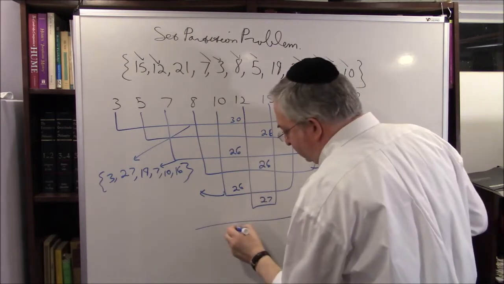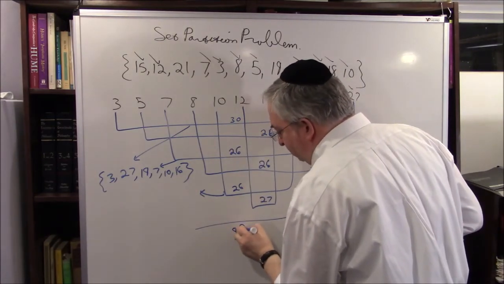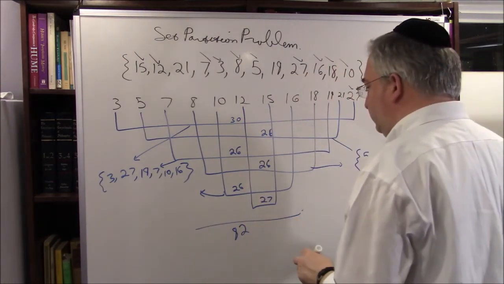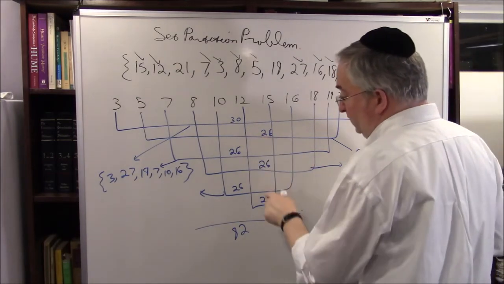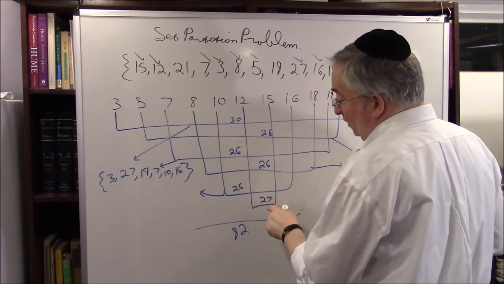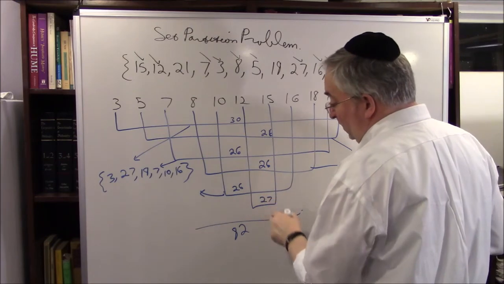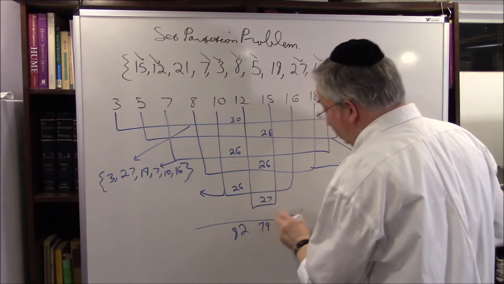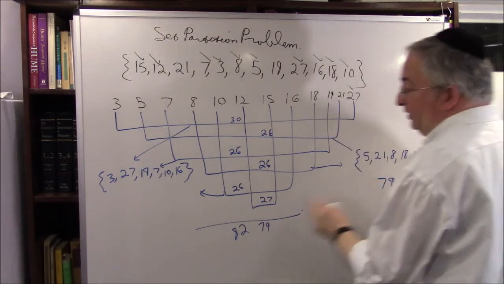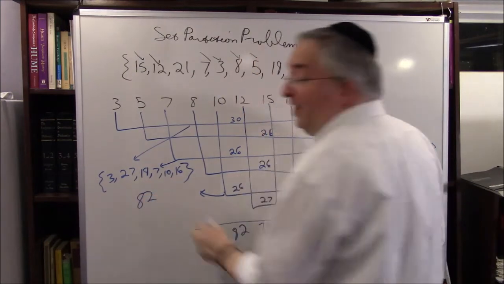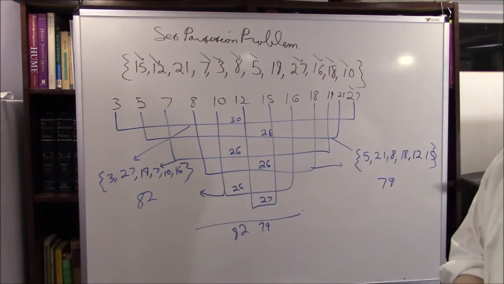And 30 is 82. Okay, and this is 26 and 26 and 27, so this is going to be 3 less than that, so that's 79. So this is 79, and this is 82. Not bad. Not very good, but not bad either.